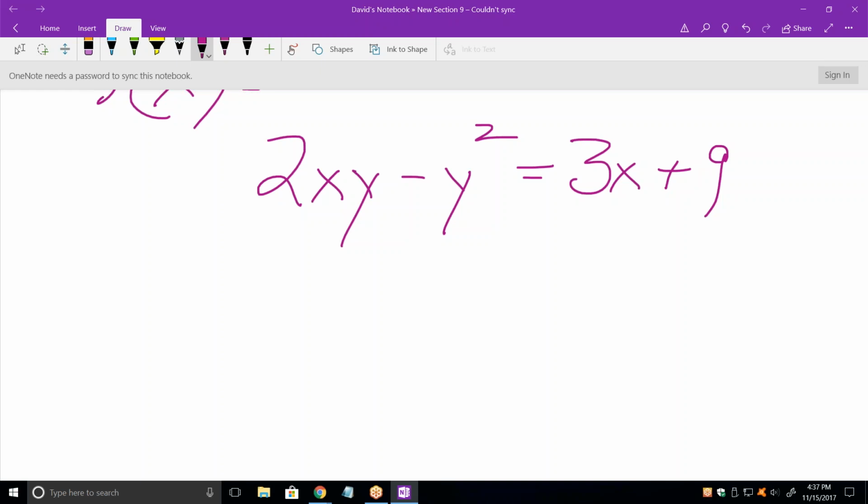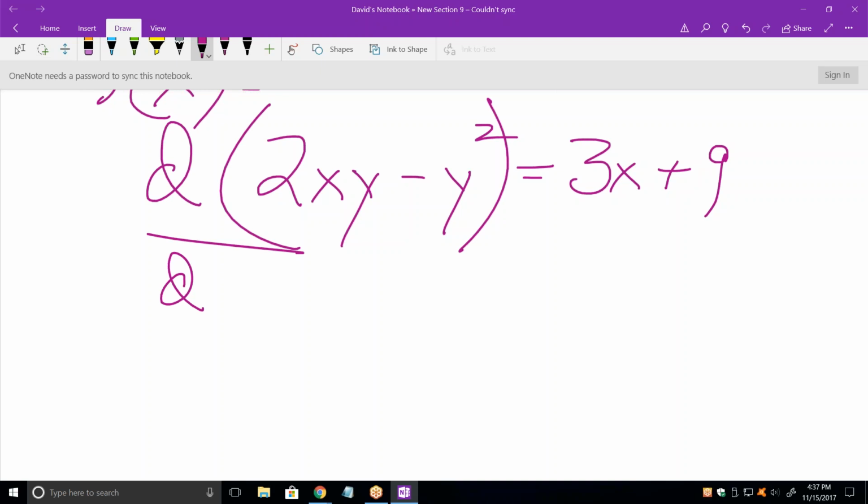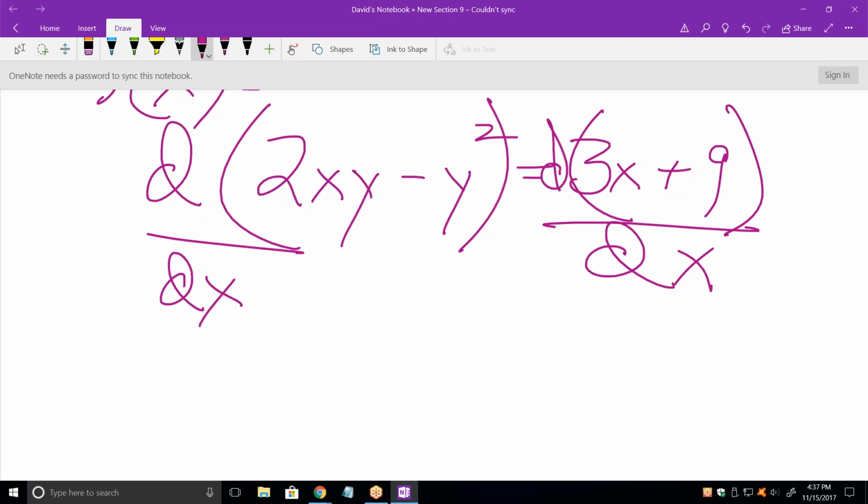Okay? So here's basically what I'm doing. I am differentiating with regards to x, both the right side and the left side. That's what I'm going to do. And I'm going to end up with dy dx, which is what I want to solve for. Okay.